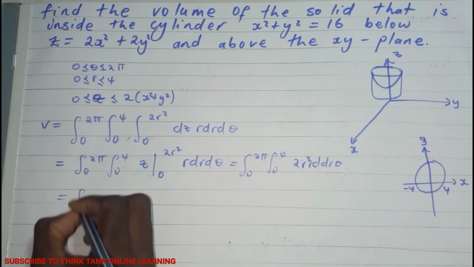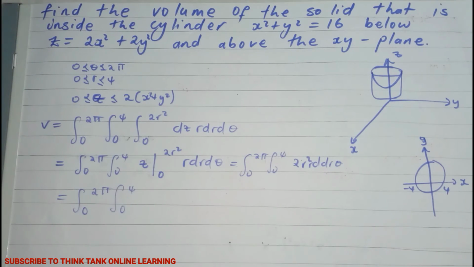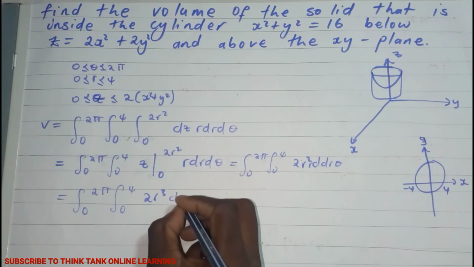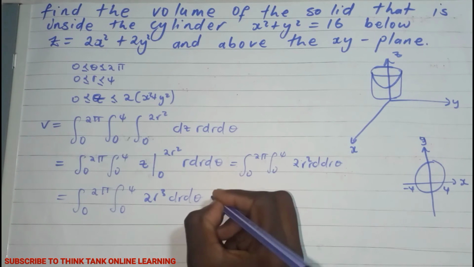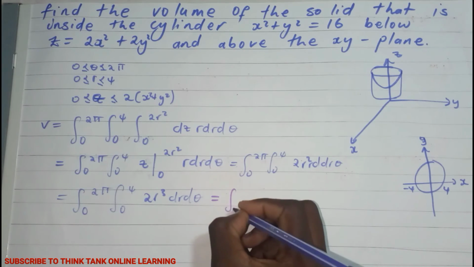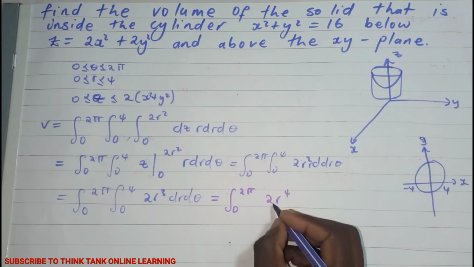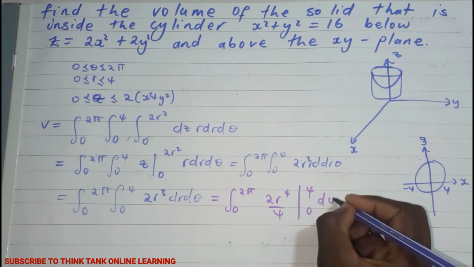And if you solve there, I'm going to have 0 to 2 pi, 0 to 4, and we're going to have 2r cubed dr d theta. Okay, so if we integrate here, we're going to have 0 to 2 pi, 2 r to the power 4 over 4, with bounds 0 to 4, d theta.